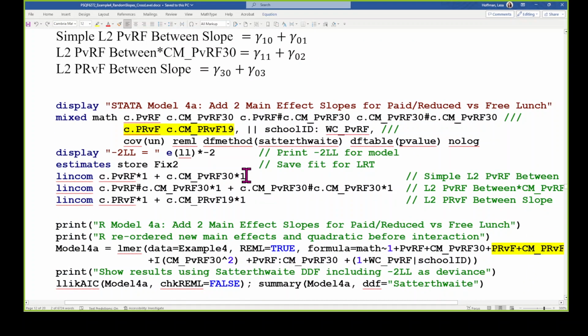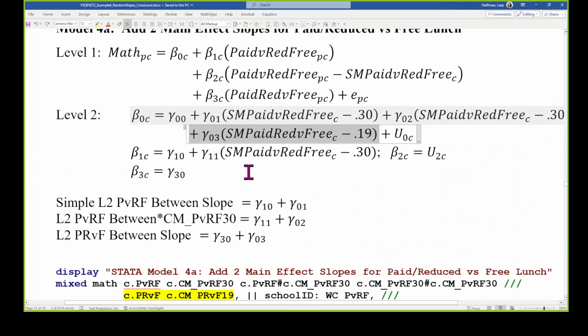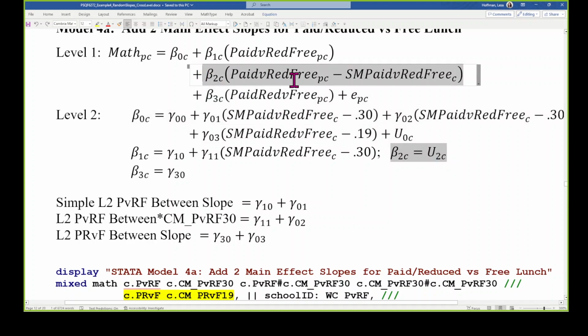And then I have another question. Can you go back up? So, for beta 2C, that's the interaction. Beta 2 is the random slope that goes with the cluster mean centered version of the first binary predictor.